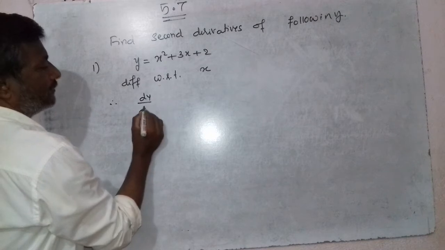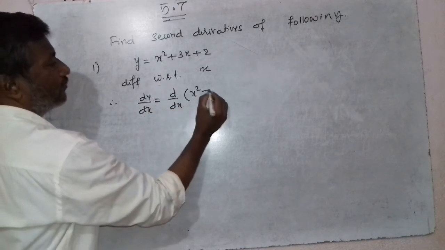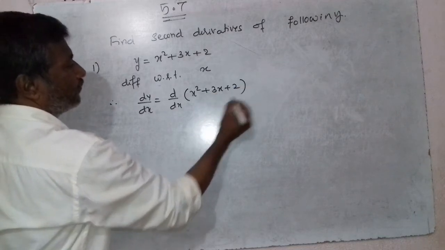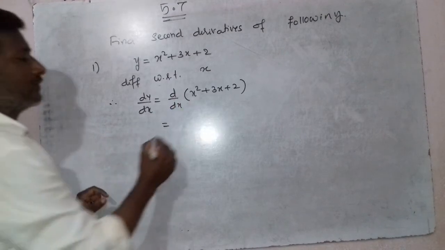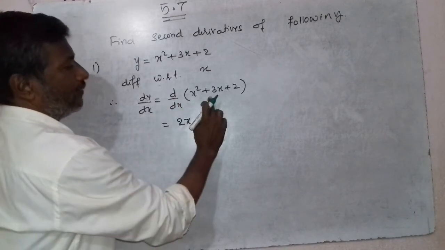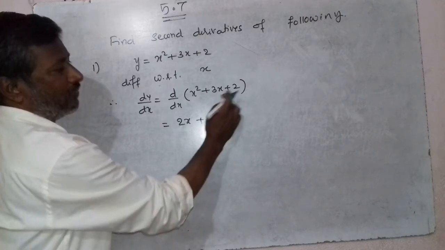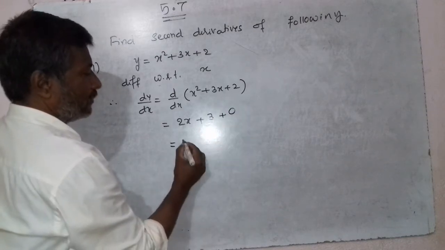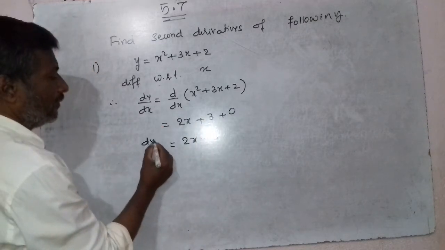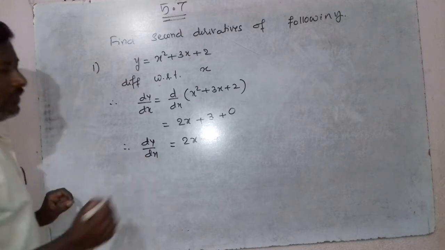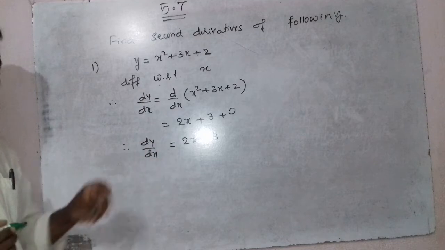dy upon dx equal to d by dx of x square plus 3x plus 2. So this equals derivative of x square is 2x, derivative of 3x is 3, derivative of 2 is 0, the derivative of a constant. This equals 2x plus 3. So this is dy upon dx. Now to find the second derivative we have to differentiate once again.